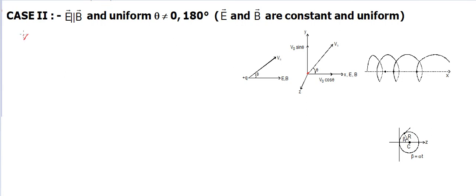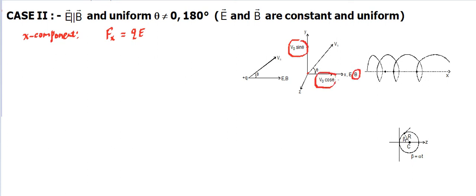So let's try to understand what happens to the x component. If we think about the x component of motion, then you'll find there's going to be a force in the x direction. We can call it Fx. It's going to be simply q into E, because the force because of the magnetic field is going to be along the z direction, as the velocity vector and B undergo a cross product.